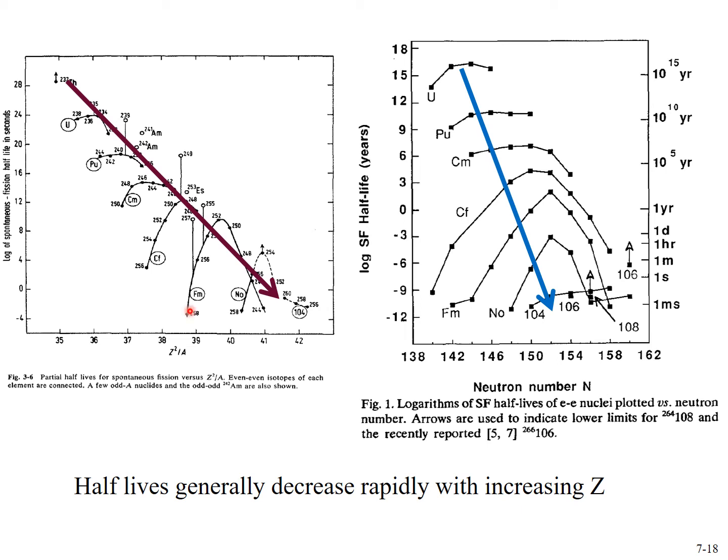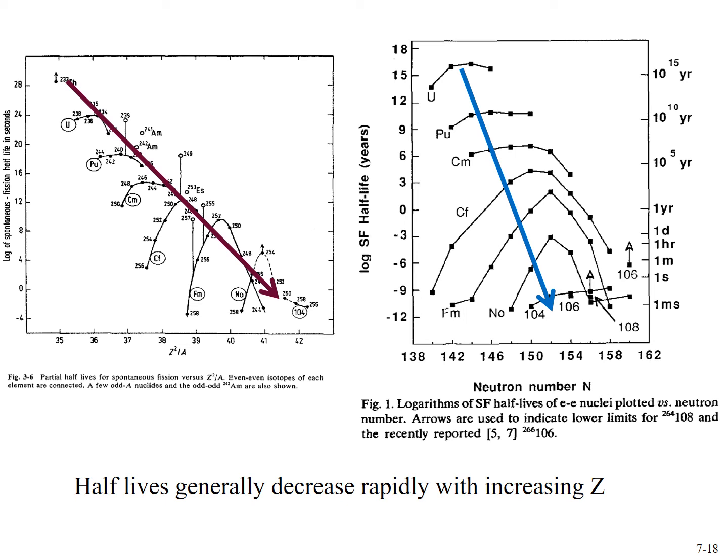However, for a given element, for instance fermium, going from 244 to 258, we see that 248 and 244 are approximately the same, with very short half-lives, and there's a high half-life peak at around 250. This trend is repeated for the other elements.